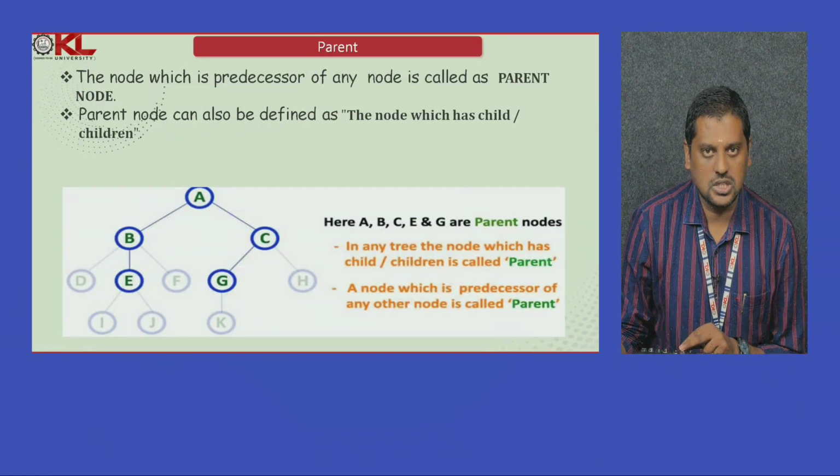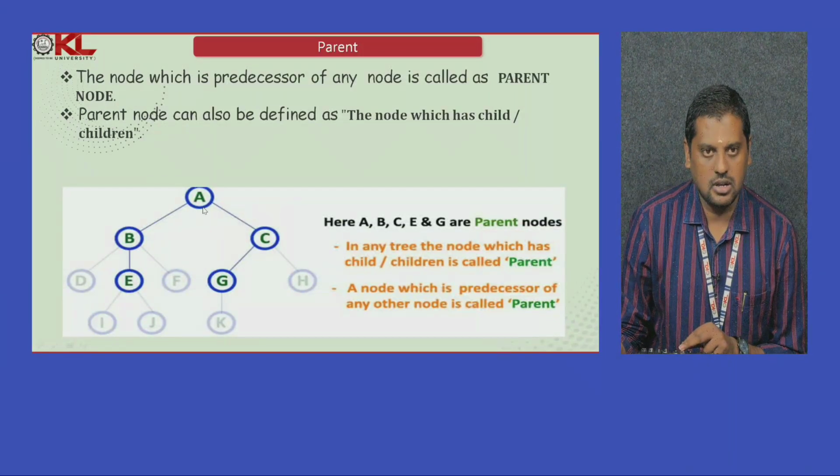The next terminology is a parent. In this example, you should know what is a parent node first. The node which is predecessor of any node is said to be a parent node. Parent node can also be defined as the node which has child or children.